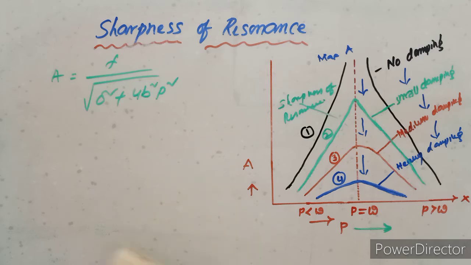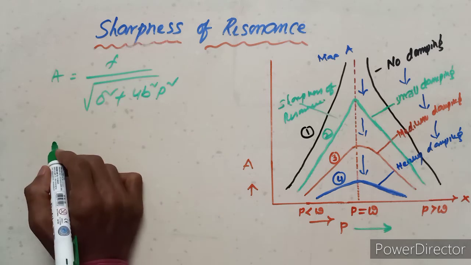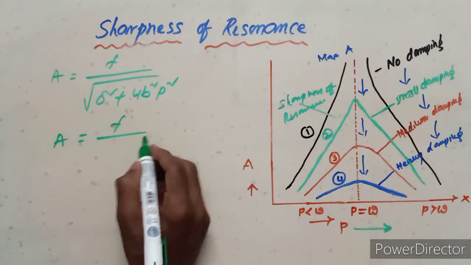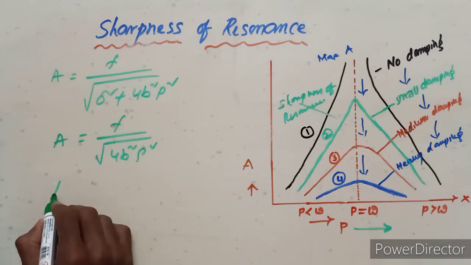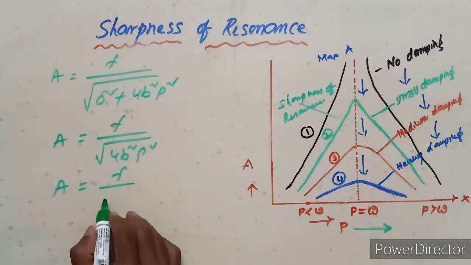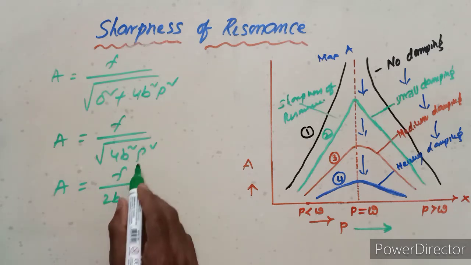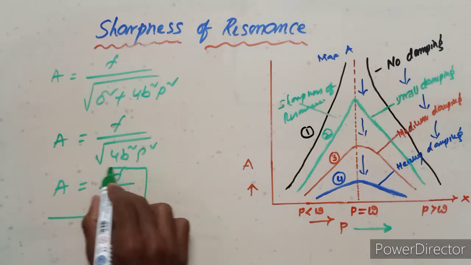On further simplification, this value becomes 0, so amplitude A equals F upon under root 0 plus 4b square p square, which is F upon 2bp. So this is the amplitude.